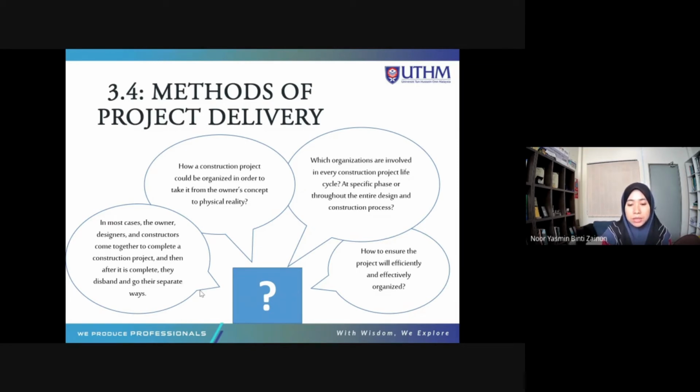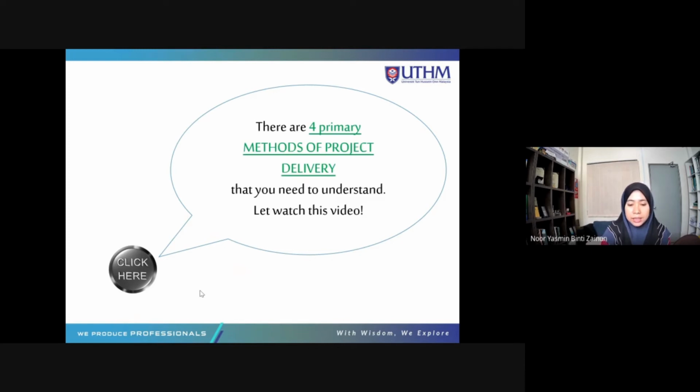So how a construction project could be organized in order to take it from the owner's concept to physical reality, because the owners have the idea, the concept, but we engineers will transform it into real. Okay, which organization are involved in every construction project life cycle, at specific phase or throughout the entire design and construction process. How to ensure the project will efficiently or effectively organize. So these are the questions, and there are four primary methods of project delivery.